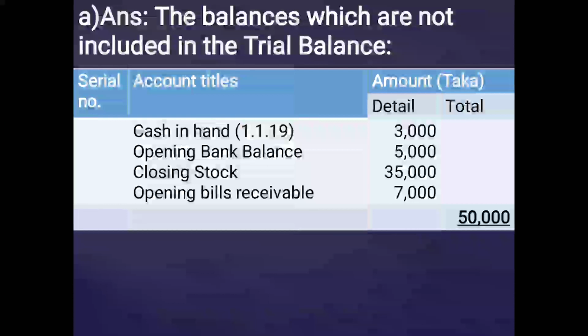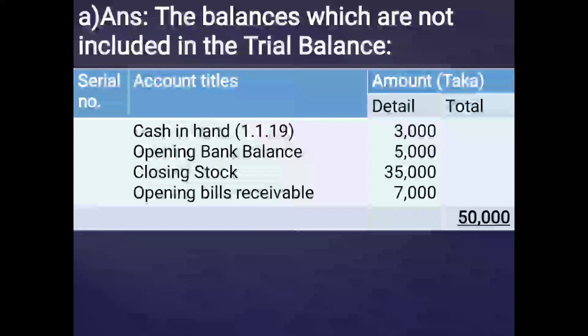I repeat again, the items not included in trial balance: opening cash, opening bank overdraft, closing stock, and also opening current assets and opening current liabilities, which changed in the accounting year.